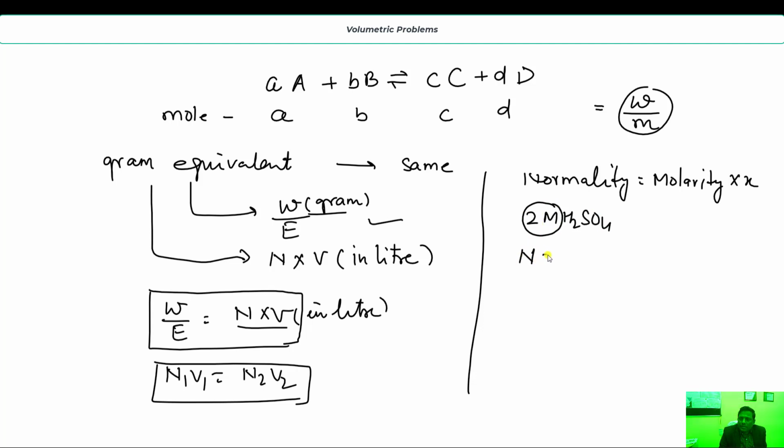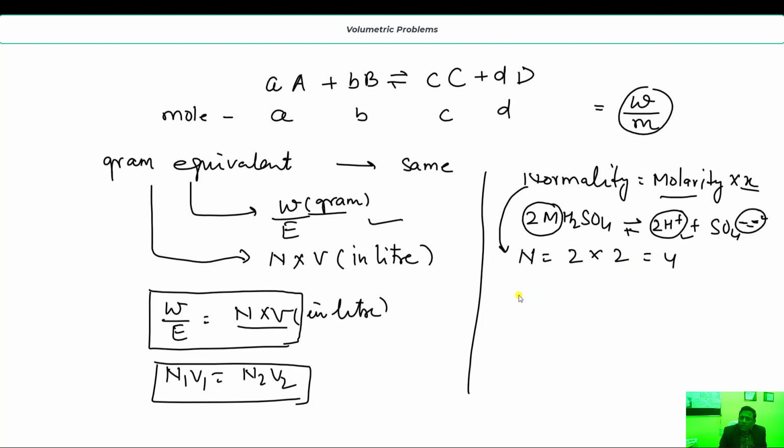Then to calculate normality, H2SO4 can be written as 2H+ and SO4 2-. Because 2H+ ions are there, the conversion factor is 2. So normality would be 2 into 2, that is 4.